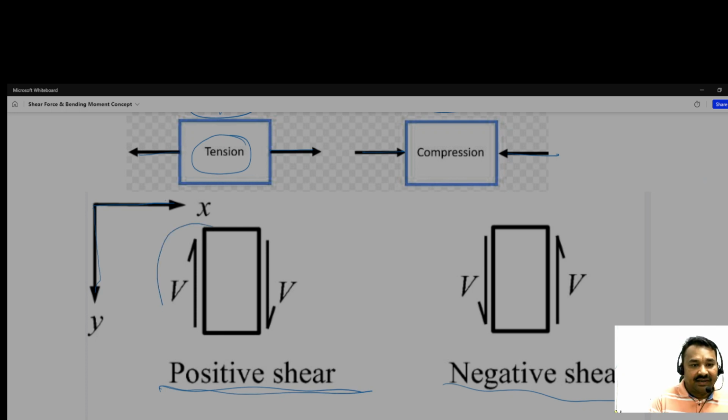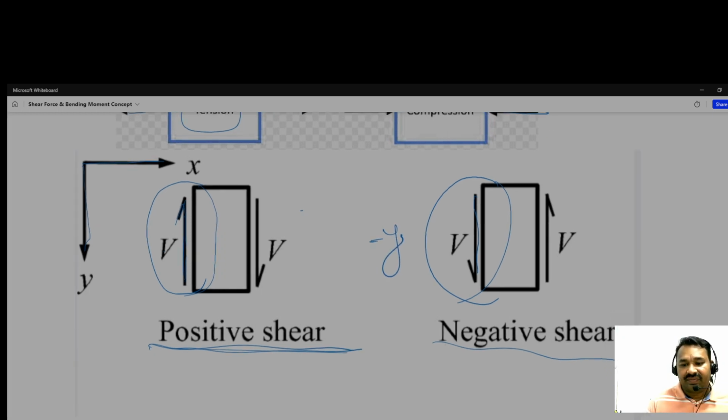See the left side, okay, and this V is shear force, whatever the force is, that is shear force, the vertical force, and its direction is here in the positive y direction. So that's why positive shear force. And if we see the same left side, and the force is acting in the negative y direction, okay, that's why we see negative shear force.